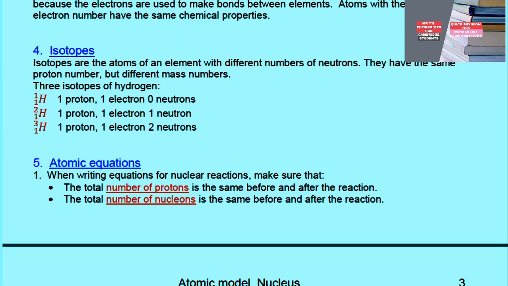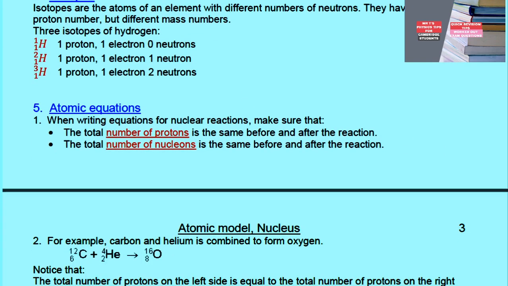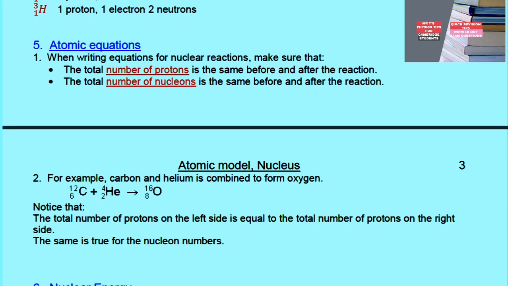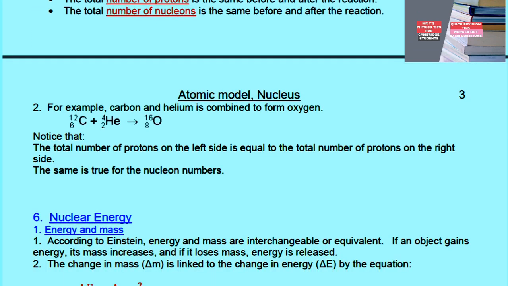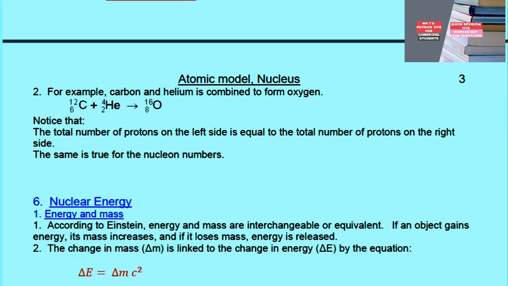Atomic equations. When writing equations for nuclear reactions, make sure that the total number of protons is the same before and after the reaction. The total number of nucleons is the same before and after the reaction as well. The example given here is of carbon reacting with helium.